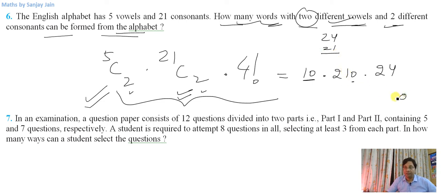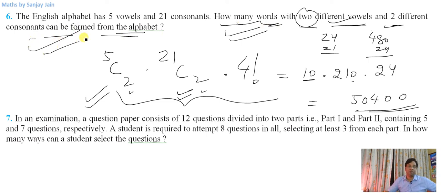Then I'll place 2 zeros in the end. What is 24 into 21? 24 into 20 is 480. 24 into 1 is 24. So this is 504, and with the 2 zeros, 50,400. So these many words can be formed as per this question.